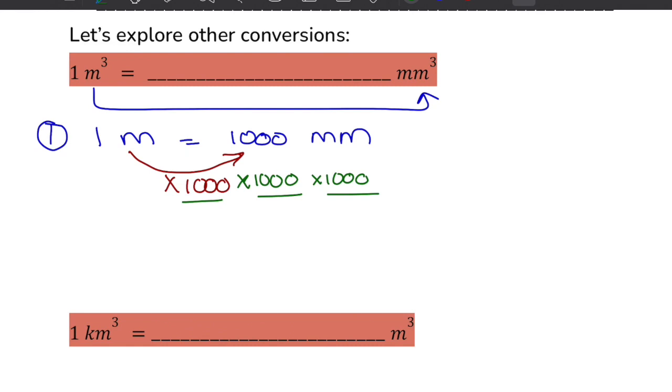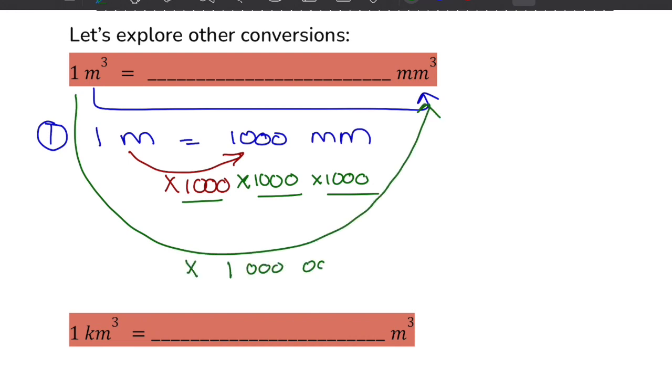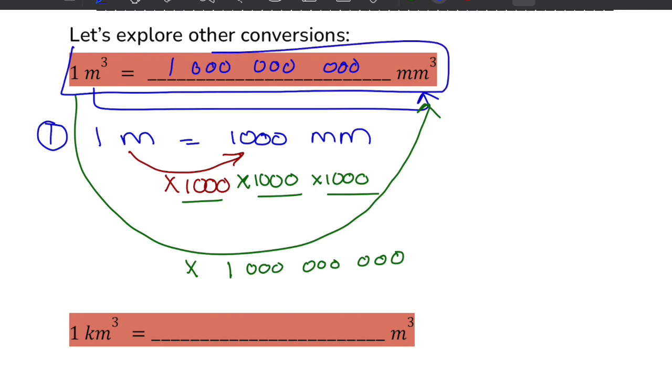So we're going to go, where should I write it? Let's do from here to here. We're going to multiply by 1, 0, 0, 0, 0, 0, 0, 0, 0, 0. Okay, so this is the answer here, 1 billion. So this is the conversion factor between 1 meters cubed and millimeters cubed, and that is a huge number.